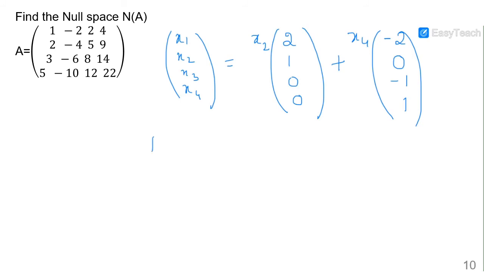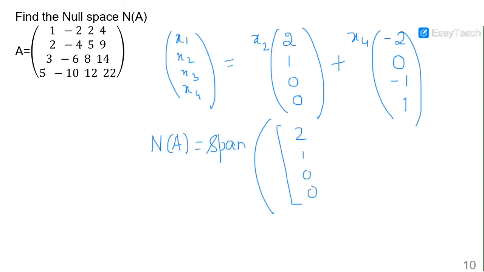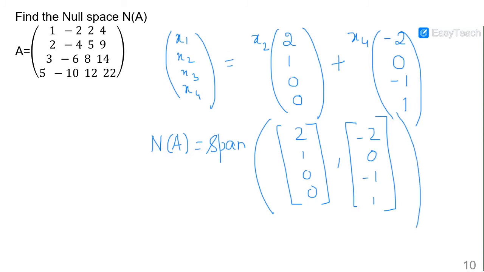So I can write N of A is the span of two basis vectors corresponding to the free variables x2 and x4. So I have 2, 1, 0, 0 and minus 2, 0, minus 1 and 1. This is the solution.